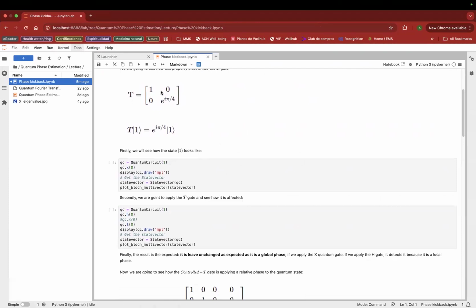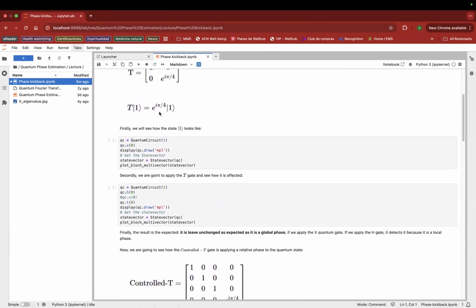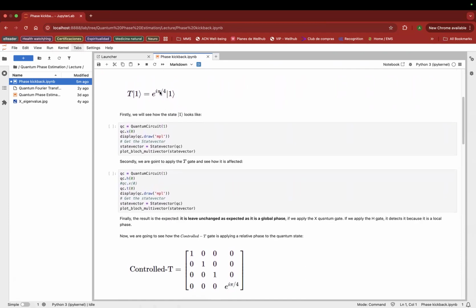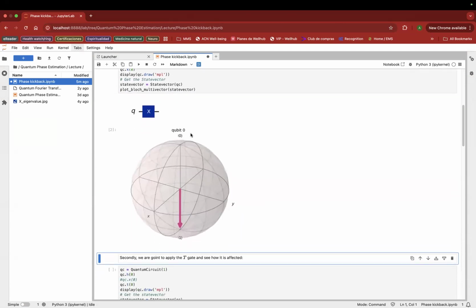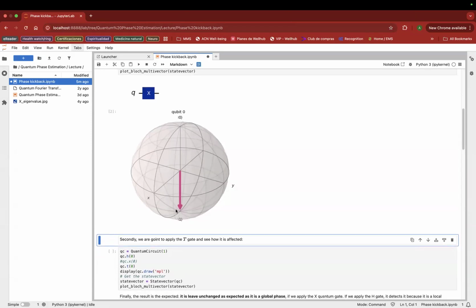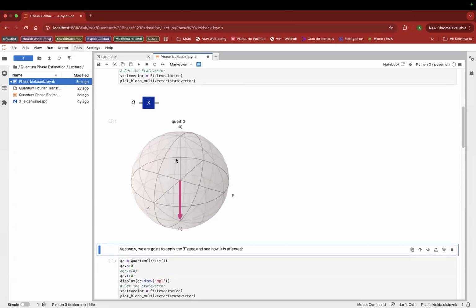We have T, and this is the gate. When we apply T over the state 0, we get nothing. And when we apply T over the state 1, for just one qubit, we get this global phase. Okay? So we see here that when we apply X, it points to the number 1, right?